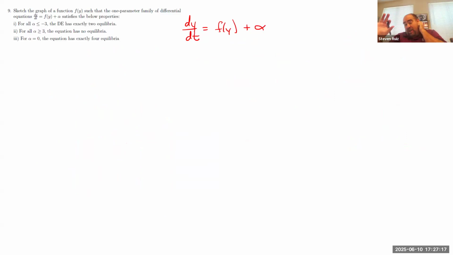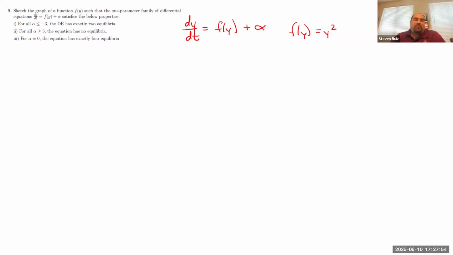In this case, what alpha is doing is this vertical shift. So let's say that f of y is y squared. Then if it's y squared plus 1, I just lifted everything up by a unit. Y squared minus 1, I just moved it down by a unit. So that's kind of good news and bad news, is that alpha is so limited in the modifications that it can make. All it can do is take whatever curve you're about to draw and just slide it upwards and downwards.